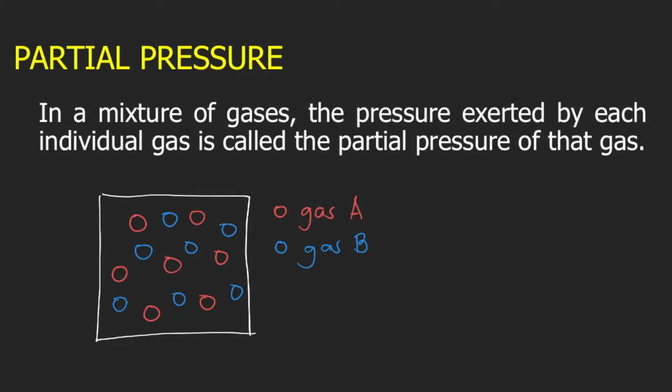So these particles move around inside the container and eventually they will hit the walls of the container. So the red circles will hit the walls of the container. So that means gas A exerts a pressure. So the pressure exerted by gas A alone is what you call the partial pressure of gas A. Or in symbol, that is P subscript A. At the same time, the blue circles also hit the walls of the container.